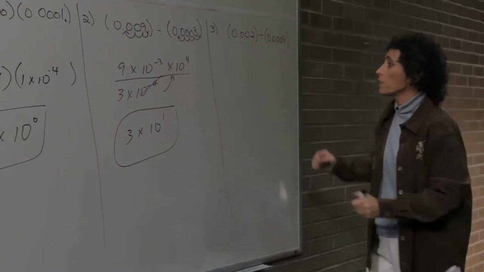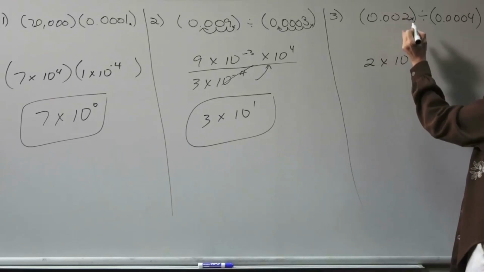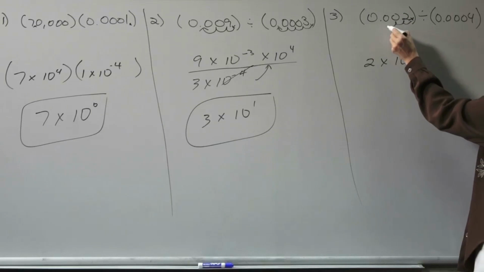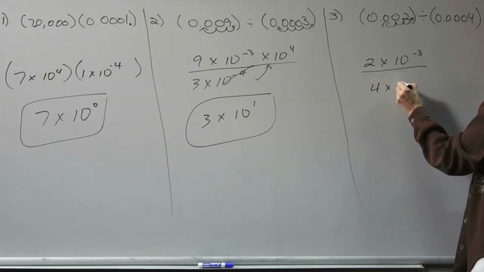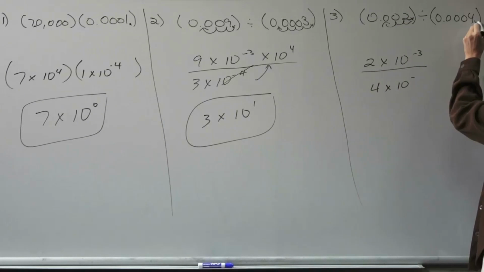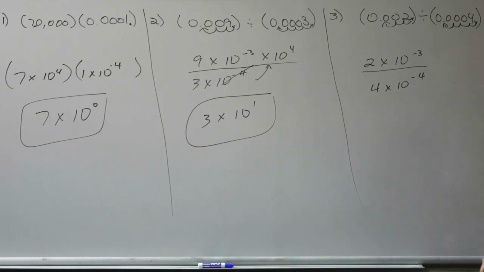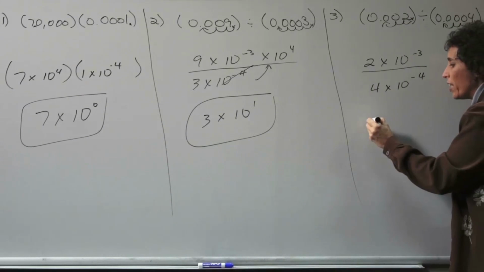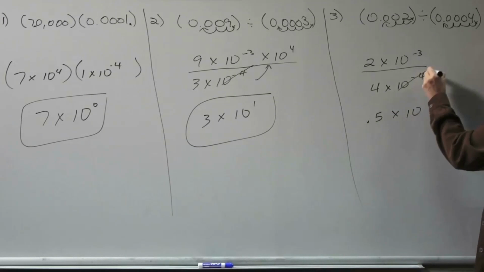All right, last one. These are both going to be negative exponents. We want it after the first non-zero digit. 1, 2, 3. That's negative 3. This is 4 times 10 to the negative, right? It's a negative exponent. We want it here. 1, 2, 3, 4. This is 2. 2 divided by 4 is 0.5. 0.5 times 10. Bring this up.